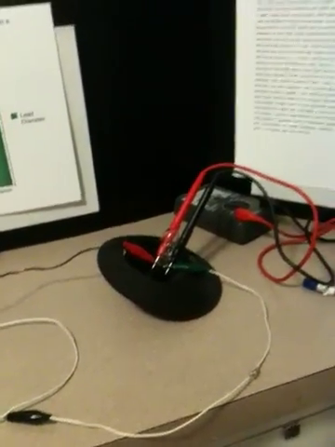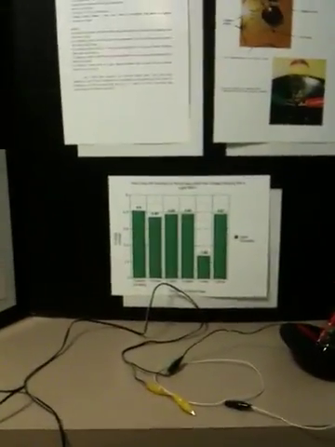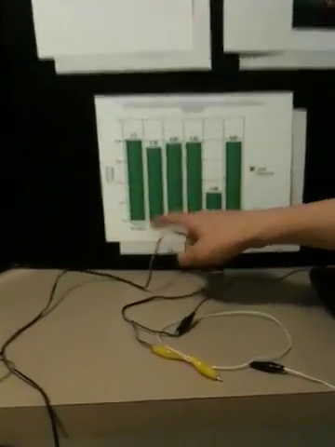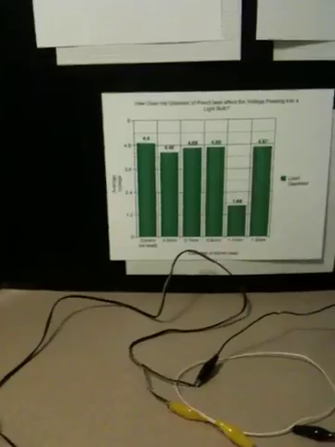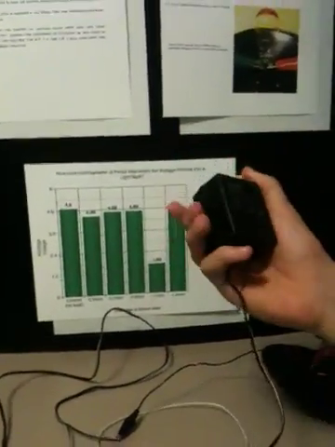So in my results, I first tested a control, and this allows 7.7 volts of electricity to flow through.